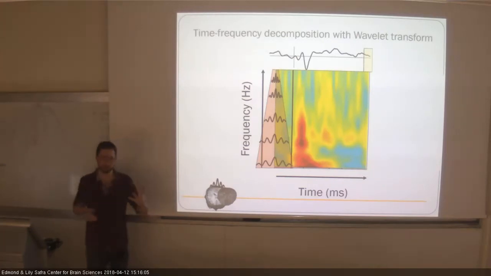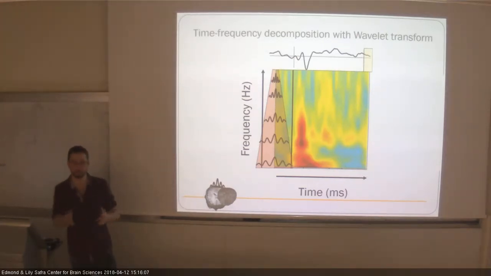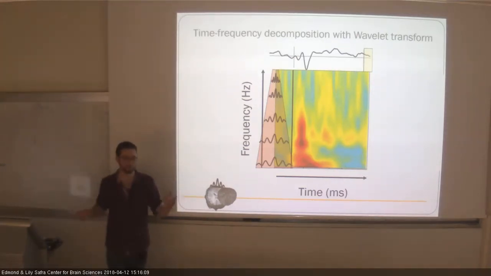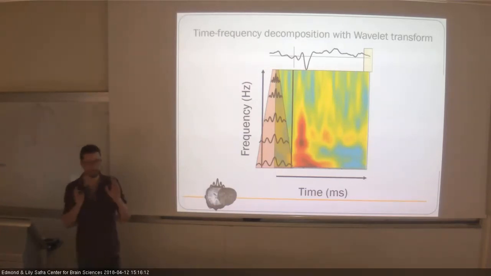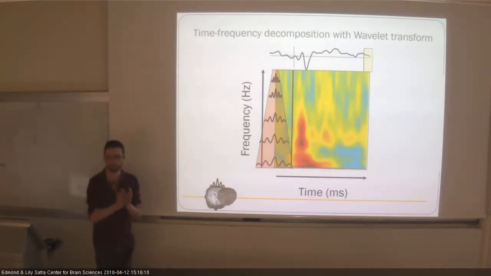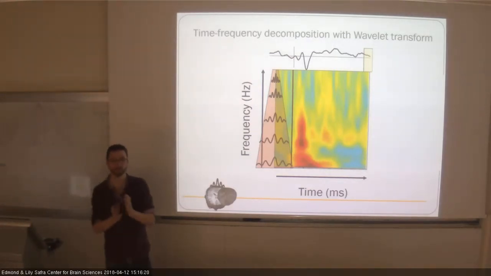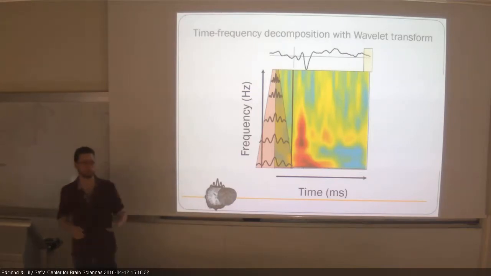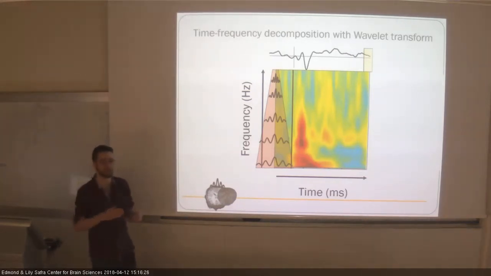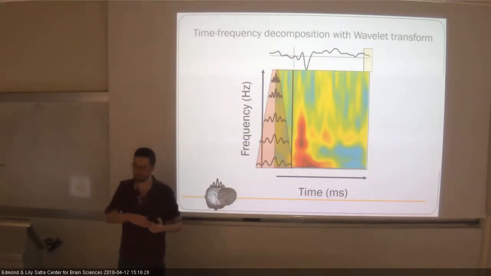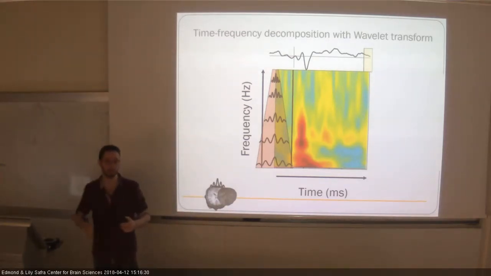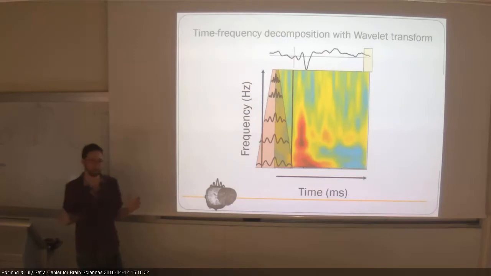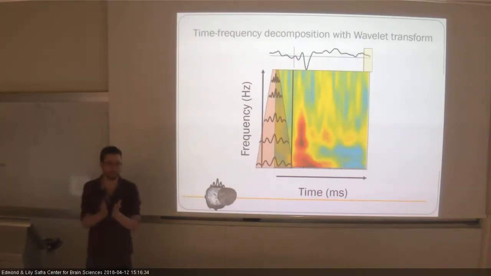Because frequency, by its definition, is something that evolves, that happens across a temporal window. There's no theoretical way to look at a window of 10 milliseconds and say there is high 10 hertz power in this window. It doesn't make any sense, because 10 hertz means a cyclic phenomenon that changes at a wavelength of 100 milliseconds. So it's not defined at 10 milliseconds.